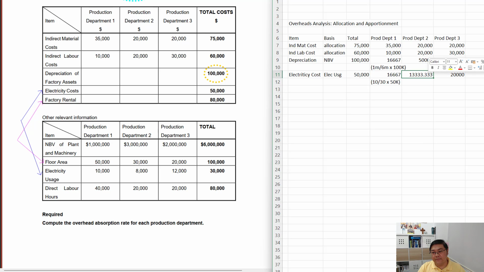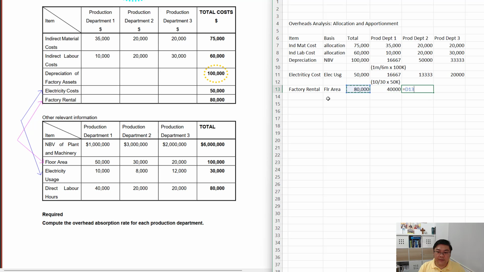Again, for rounding purposes. Finally we have factory rental, and the rental will be apportioned based on floor area. So my factory rental cost me 80,000. And what's my floor area? I'm having 50,000 out of 100. I don't know whether it's square meter or square feet or whatever.